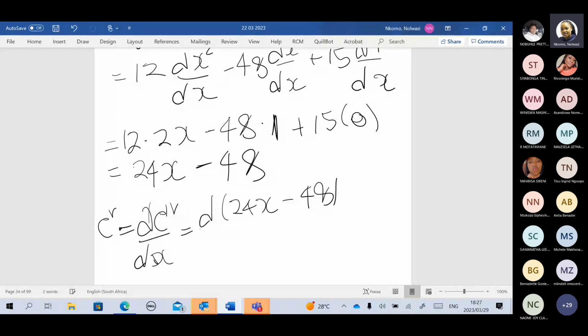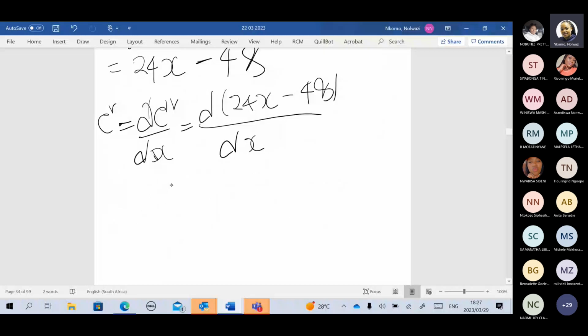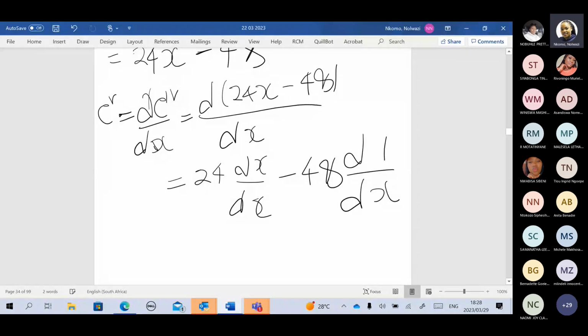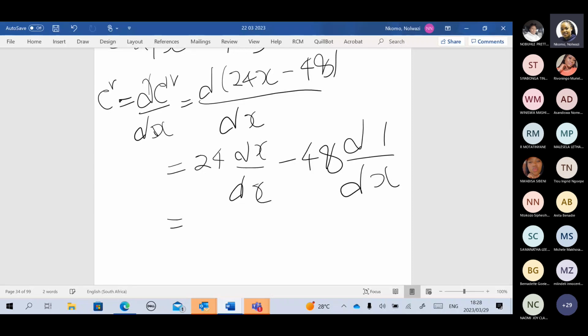If you do that, you'll have 24, the derivative of x with respect to x, minus 48, the derivative of 1 with respect to x, right? So here, you have 24 times the derivative of x, which is 1, minus 48 times the derivative of 1, which is 0. So this means you have 24. This is the fifth derivative, right?